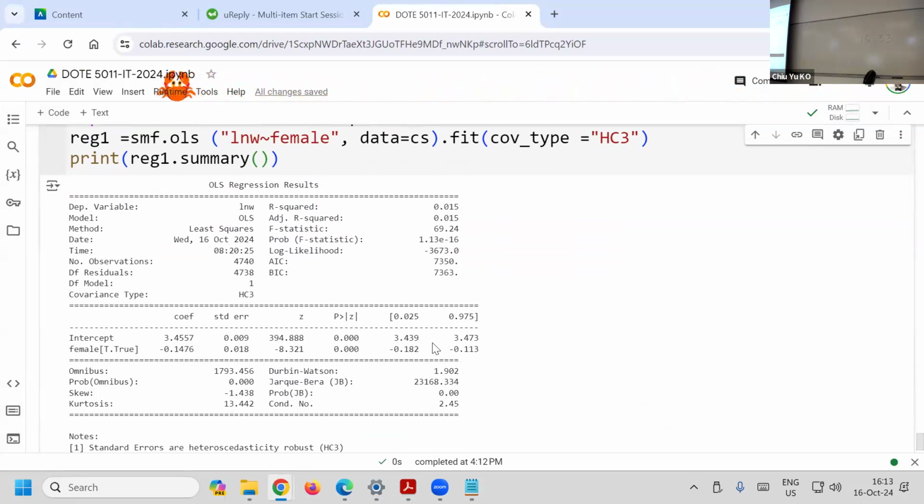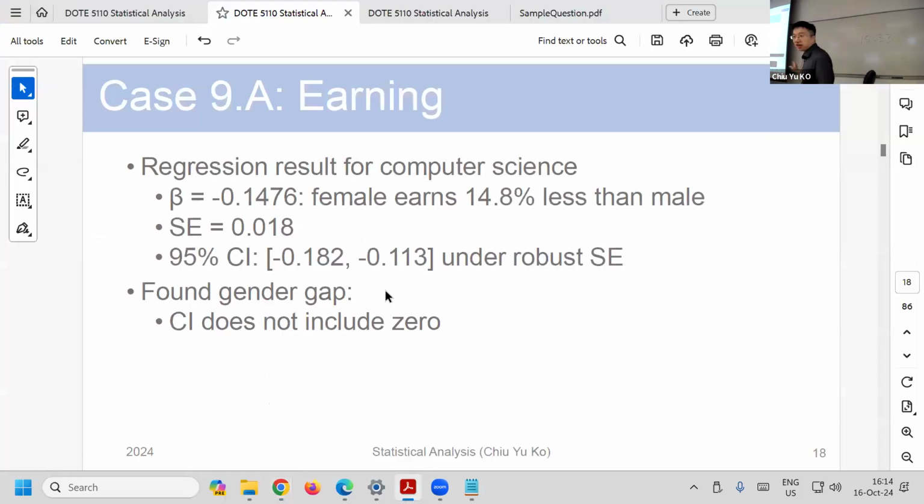That is what happened in the data, in the US. I guess now it's reversed in the US, probably if you are a woman you get more. That is what I think the data is now, but I didn't do anything, so I don't know. But anyway, this is a gender gap because this interval doesn't contain zero.